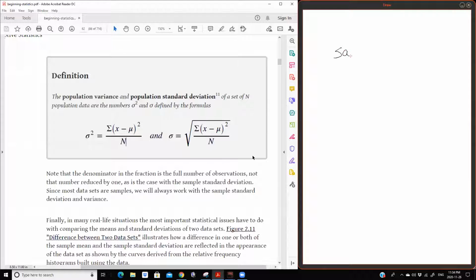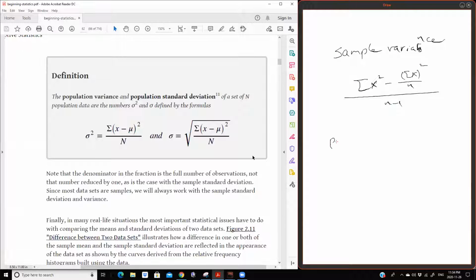For sample variance, the formula is sigma x squared minus sigma x to the power of 2 over n minus 1.